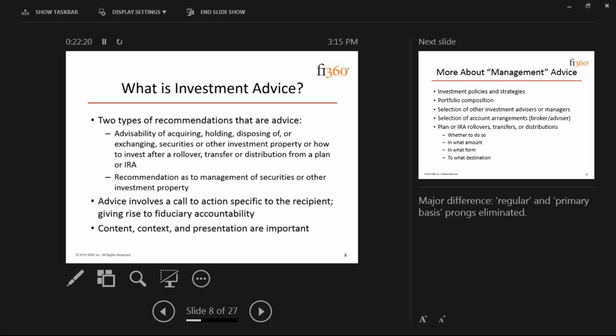Advice itself involves a call to action, and it has to be specific to the person receiving the advice. And it's that call to action along with the specificity that gives rise to the fiduciary accountability. In terms of trying to decide whether or not it is advice, the content, the context, and the presentation, all of those things are going to be important.